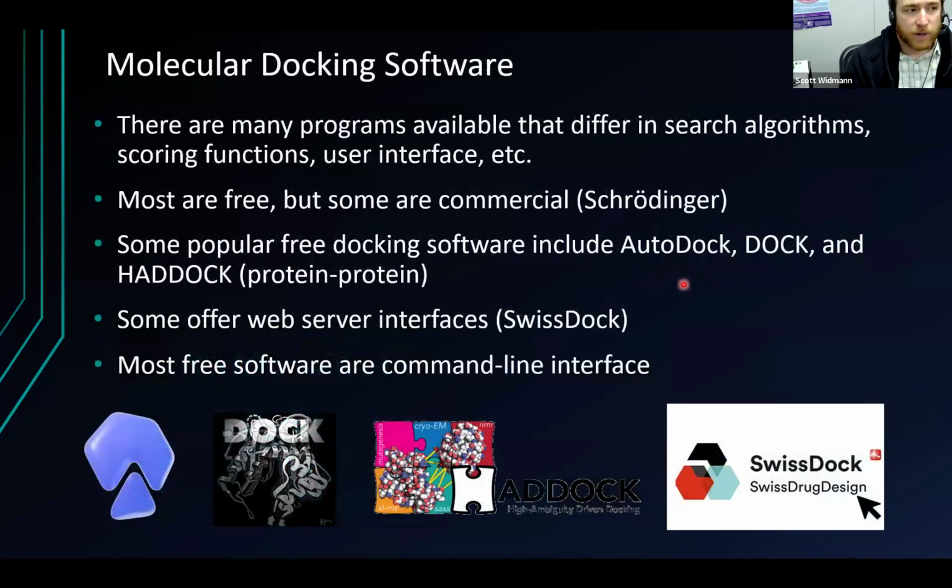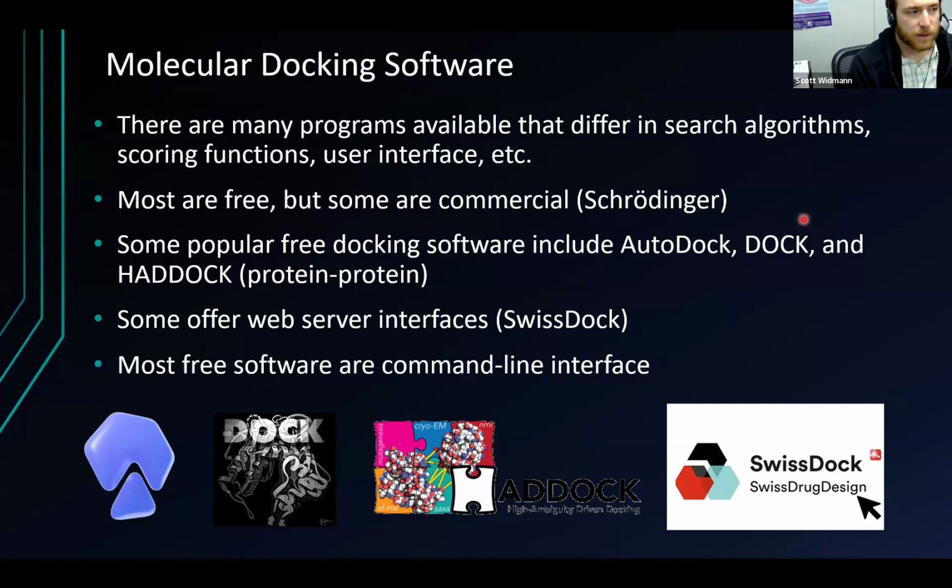As far as the software involved, there's a lot out there. They differ in their algorithms, scoring functions, and user interfaces. Most are free, but some of the more advanced, user-friendly ones are commercial, which you have to pay for. Some of the free software include Autodock, Haddock, or Protein Protein.